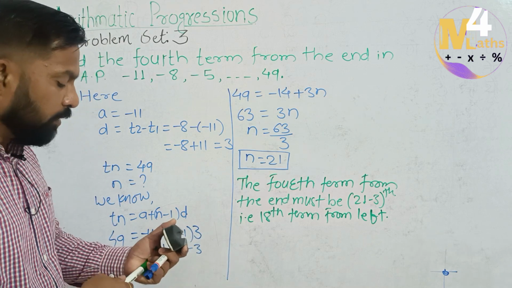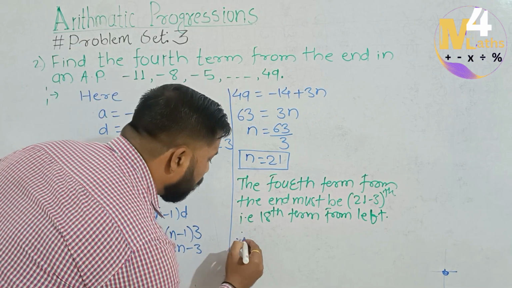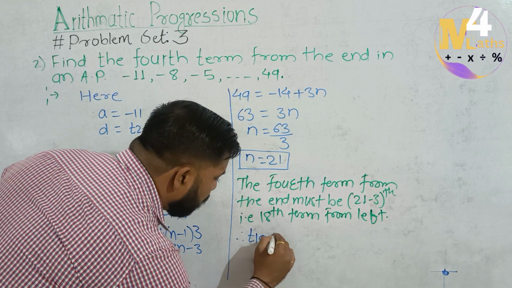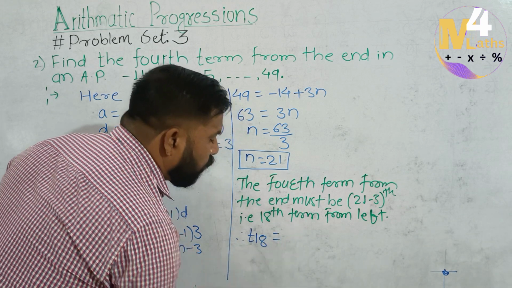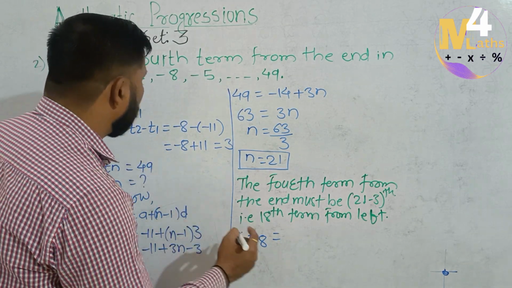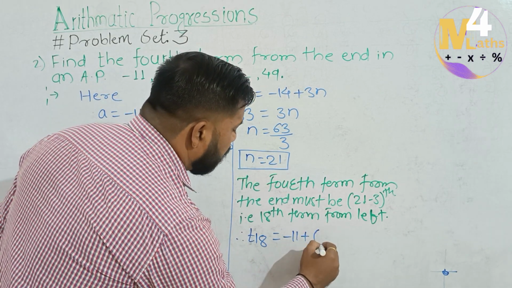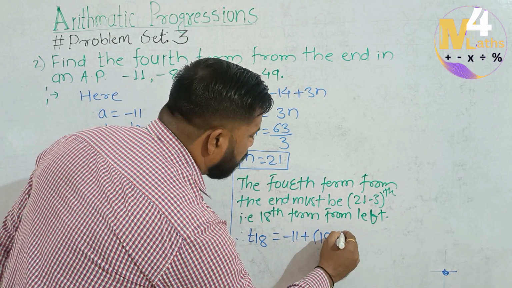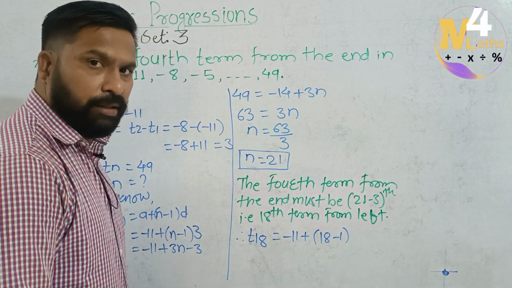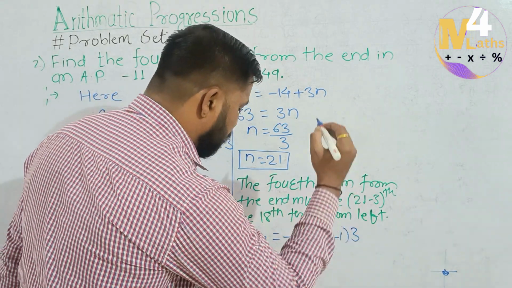So here, therefore, T18 is equal to, what is the a? Minus 11 plus (18 minus 1) into d. What is d? It is 3.